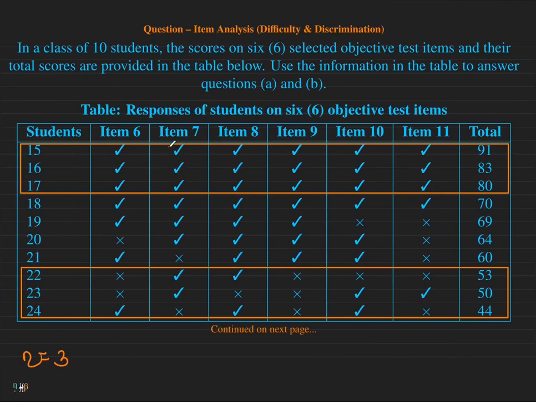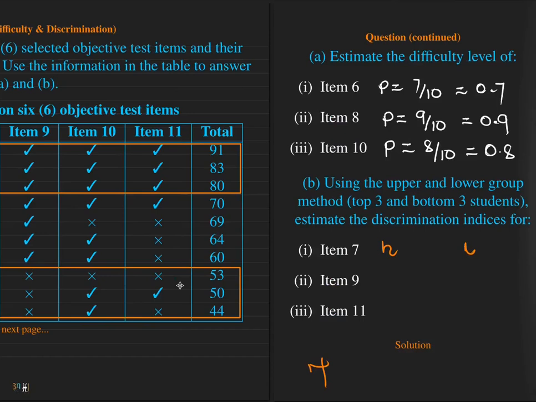So for item 7, we have H being equal to 3. But for the lower, we have just 2 students. So H here is 3 and L here is 2.